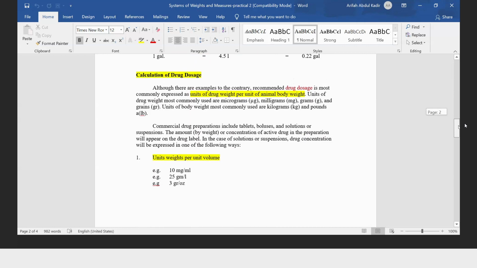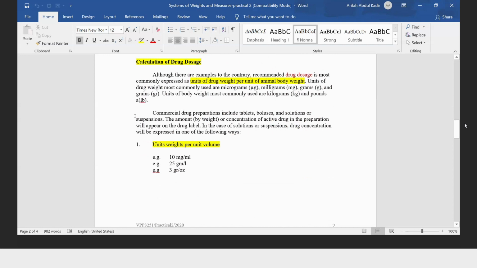And the calculation of drug doses. Mostly, drug dosages are written as units of drug weight per unit of animal body weight.